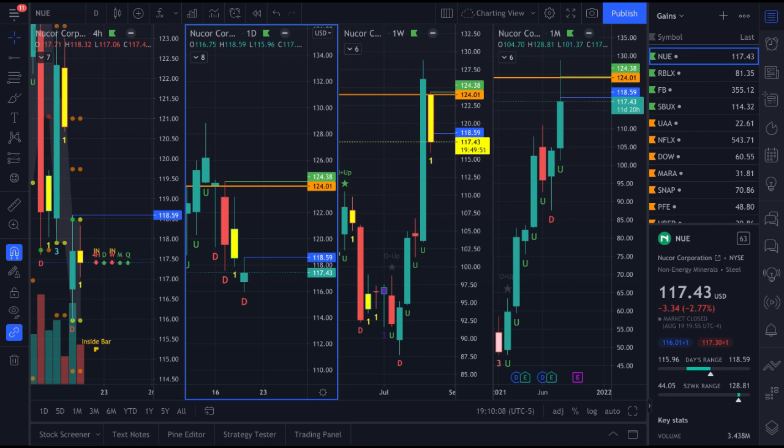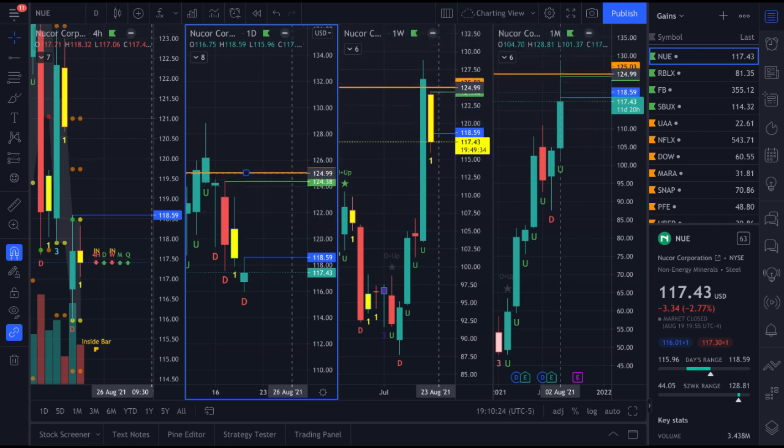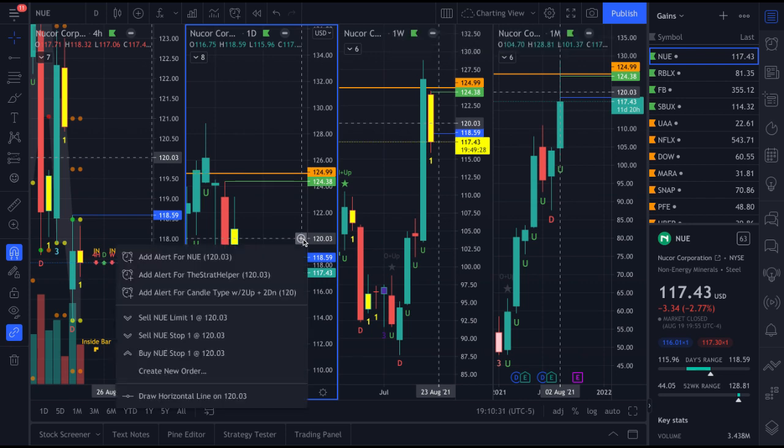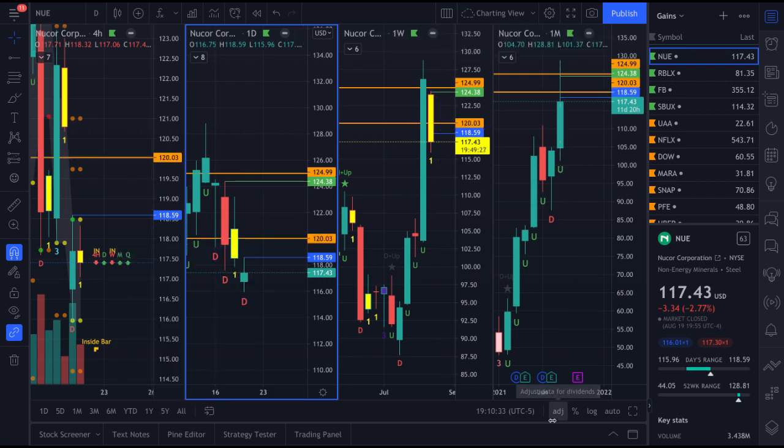In terms of open interest and volume, the 120s are slightly higher. But let's see where that falls. Okay, I like the 120s. So we'll say 125s and 120s to target here. So that is NEW.